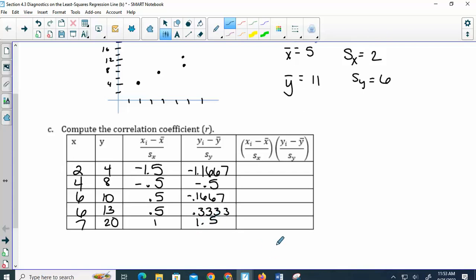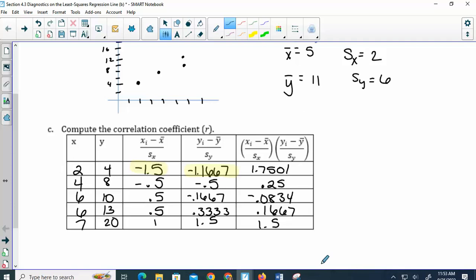So does everybody know where I got all my y's? Now what do we do? Multiply. I'm just going to write down what all of these are. So you're just multiplying these two numbers for each one. So we get 1.75, 0.25, negative 0.0833, 0.1667, and 1.5.